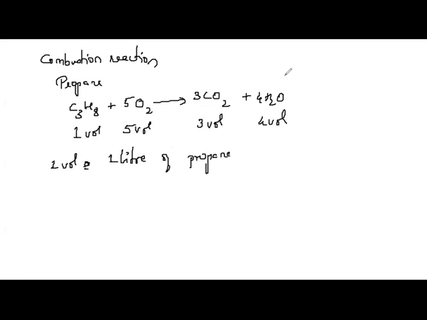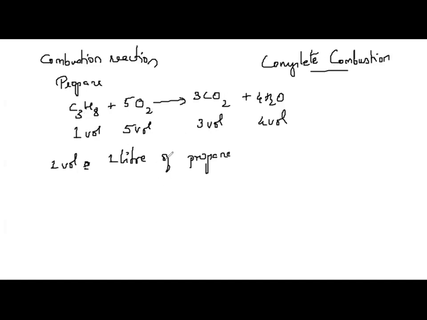The reaction I have written is for complete combustion, students. Please do remember, the general reaction I wrote is for complete combustion. That means that much oxygen is required to carry out complete combustion. So to burn completely 1 liter of propane, how much oxygen is required?